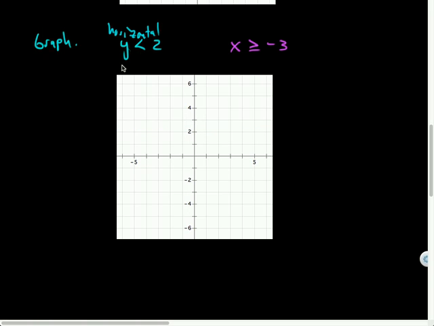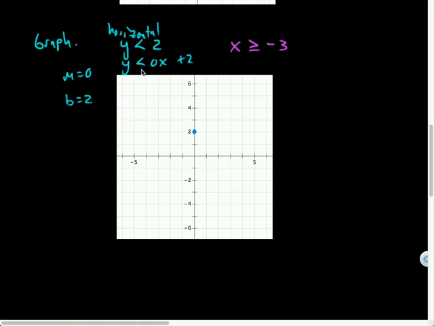The other way I could think about this is y is less than 0x plus 2, and I could say, aha, the slope was 0 and the y-intercept was 2, right? So 0 slope is a horizontal line, right? So if I graph this, here's the y-intercept at 2, and it's going to be a horizontal line.